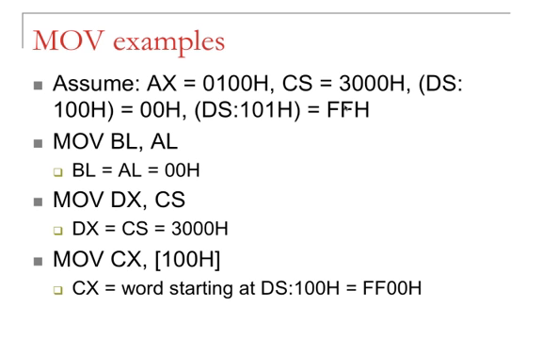Let's look at this example. Assume we have these values in the following registers. We have 0100 in register AX, and we have 3000 in the code segment register. And the next thing we say here is parenthesis DS colon 100H ending parenthesis equals 00H.